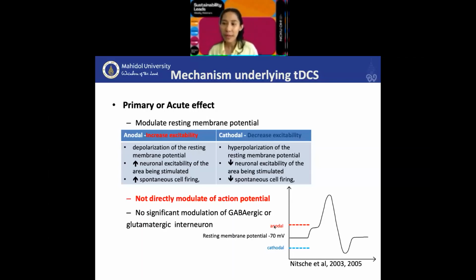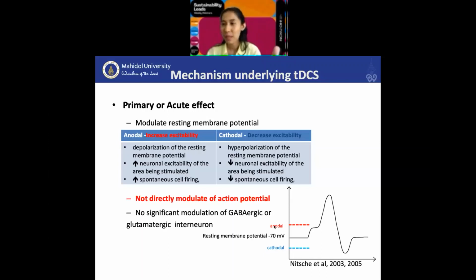While cathode stimulation shifts the resting membrane potential further from 0, so you hyperpolarize the resting membrane potential, all right? You need to remember that tDCS does not directly modulate the action potential. It just shifts the resting membrane potential.